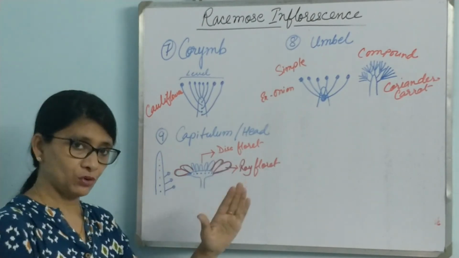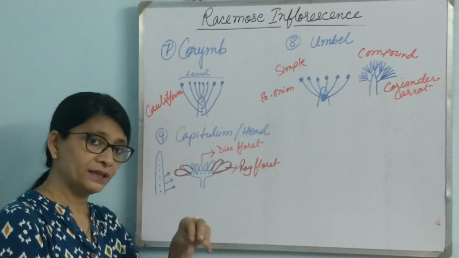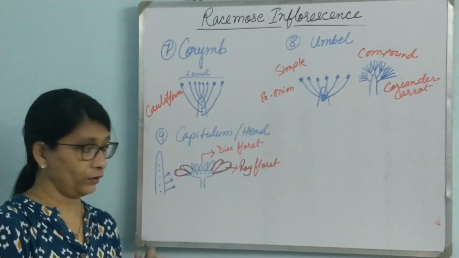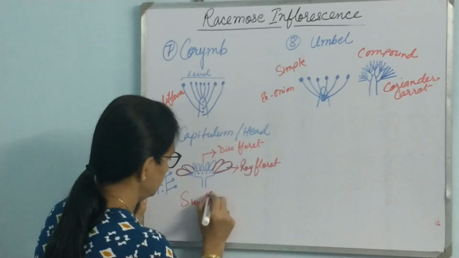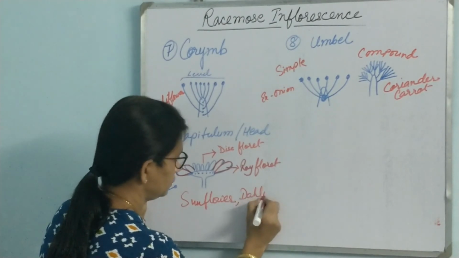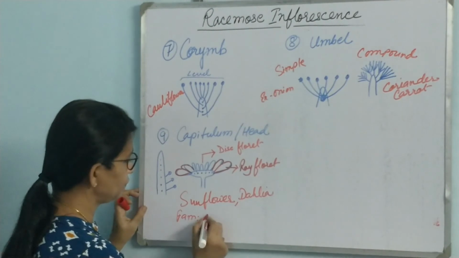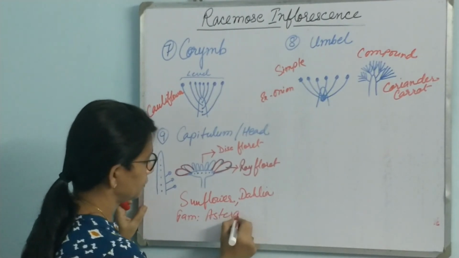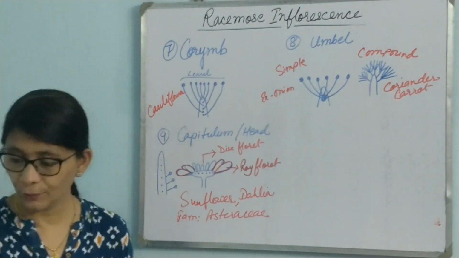Here two types of flowers are seen: ray floret on the outside, on the periphery, and on the inner side disc floret. Examples are sunflower, dahlia, marigold, etc. Commonly seen in family Asteraceae. So this is about capitulum.